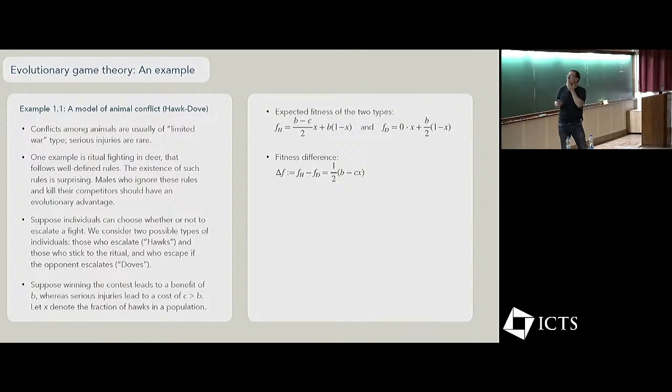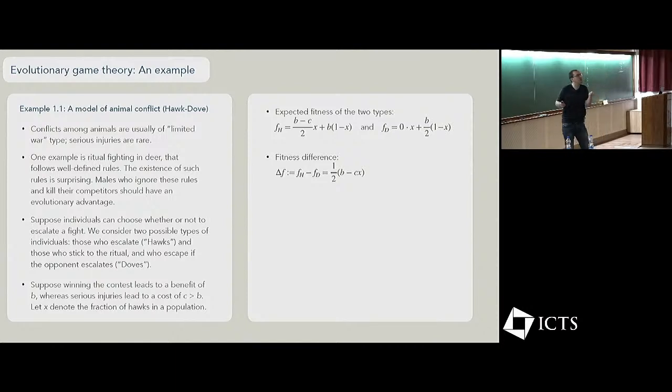Now, in particular, if X was 0, there are no hawks in the population, you would see that the fitness difference is 1/2 B, which is positive. So if there's no hawk at all in the population, one single hawk would have a higher fitness than the resident doves. And conversely, if everyone is a hawk, if X is 1, you would have here 1/2 (B minus C), and because C is larger than B, this would be negative.